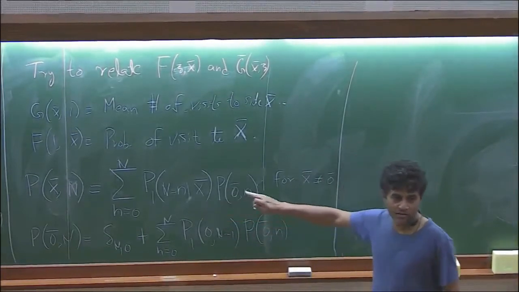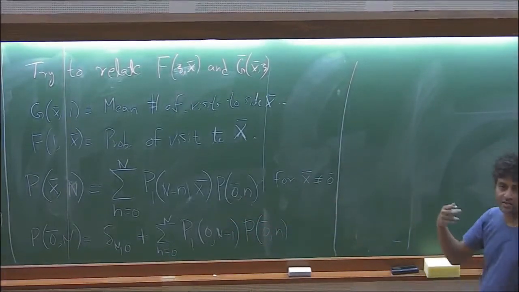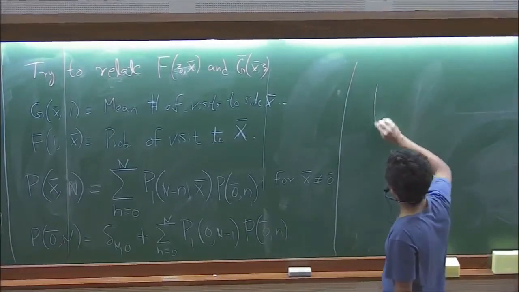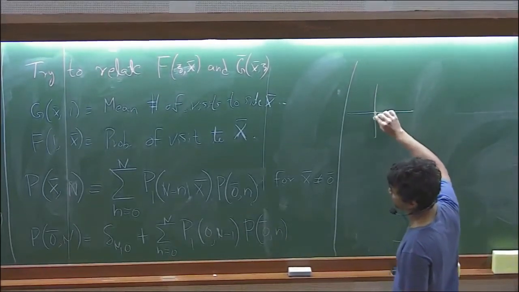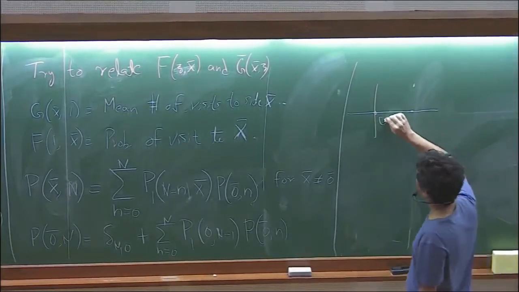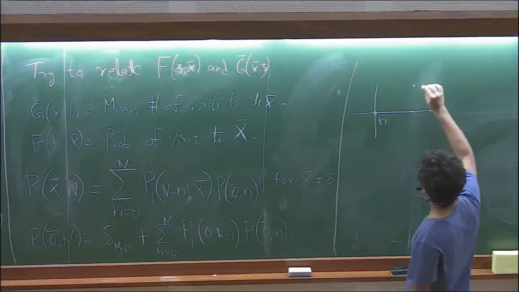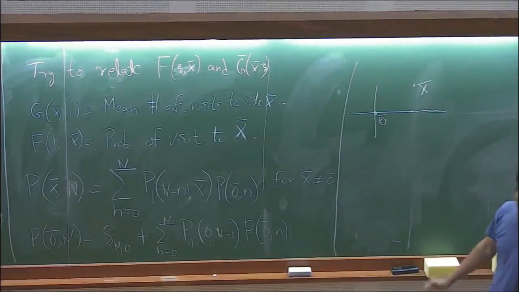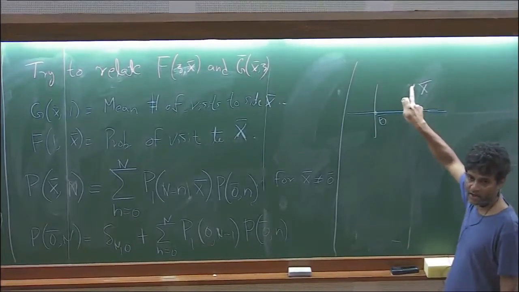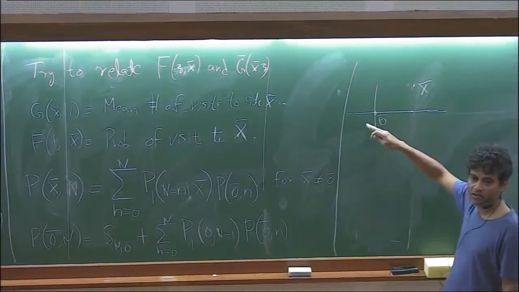This is very similar to that GF business. Here I'm asking, if I am going from, let's say, 0 to x, so this is the origin and this is some point x, what is the probability I am at x at time n? This will consist of all kinds of paths.